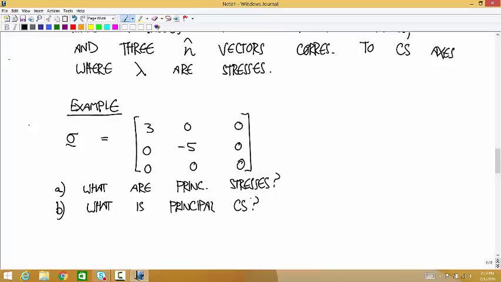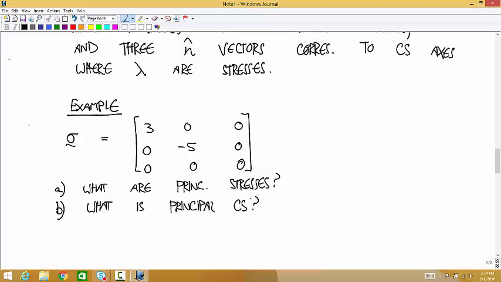Do you remember what the definition of principal stresses is? What are we looking for when we do a principal stress problem? Well, we're looking for a coordinate system orientation where there are no shear stresses.